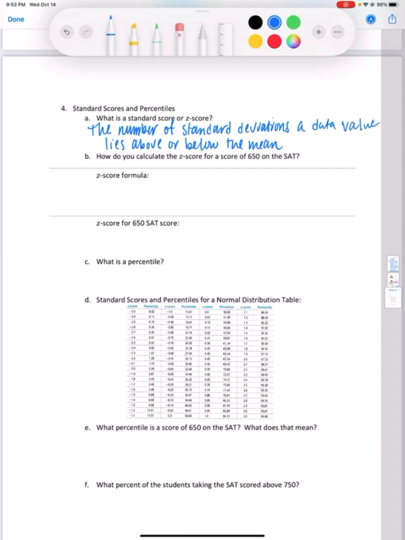So where does it lie? Where does any score lie?